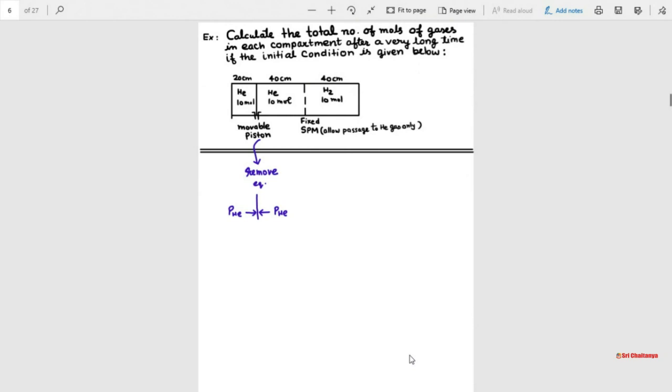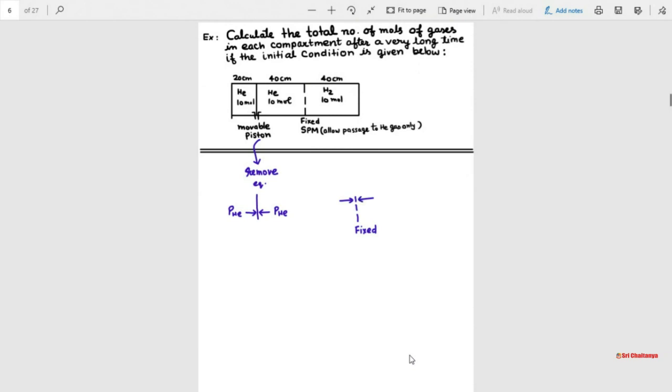But the other thing is that when we are talking about a fixed membrane, it is like a wall, right? So it is fixed. So when something is fixed, the pressure on the left hand side and the pressure on the right hand side may be different, right?